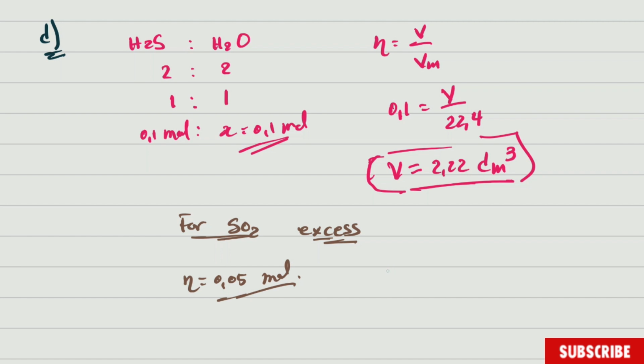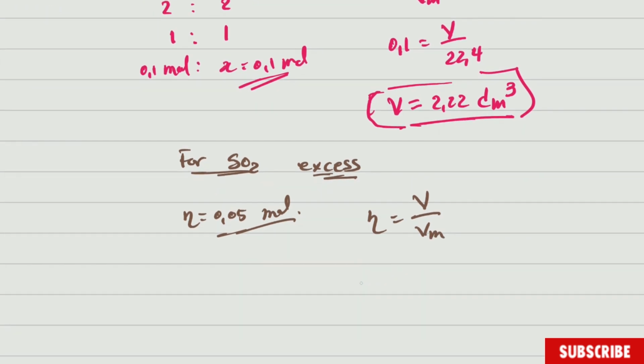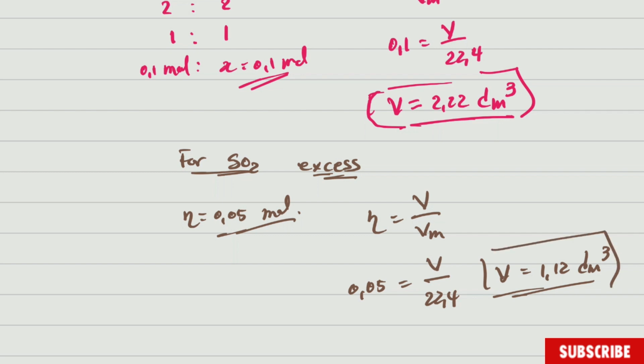So all we have to do is calculate the volume. Number of mole is equal to volume divided by molar volume. When you substitute, 0,05 is equal to volume divided by 22,4. Volume here is going to be equal to 1,12 cubic decimeter.